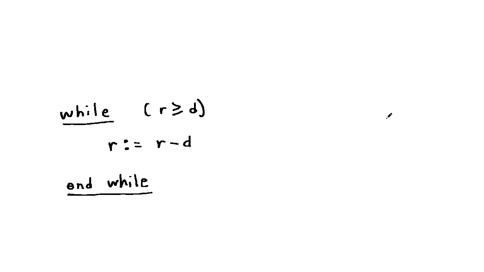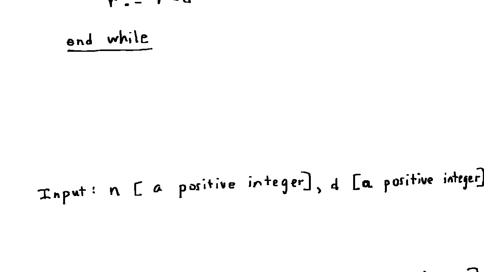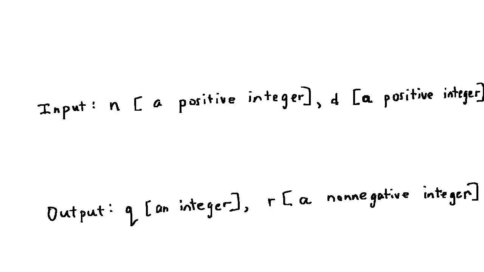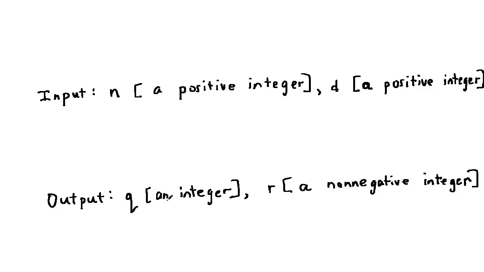We indicate the input variables N and D as follows. So N is a positive integer and D is a positive integer. We indicate the output variables Q and R as follows. So Q is an integer and R is a non-negative integer.